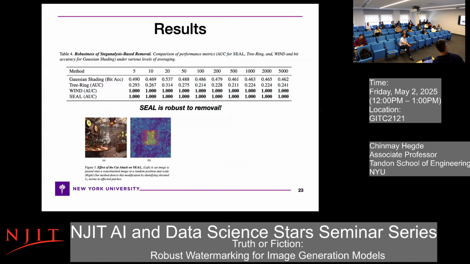I don't know if you can see the picture. The image on the left is a nice image, but tampered with a cat in the middle. And during the verification process, you can see that exactly those patches in the middle have been tampered. And so simple Euclidean distance tests between the reconstructed noise and your original noise can be used to detect it. I don't know if that answers your question.